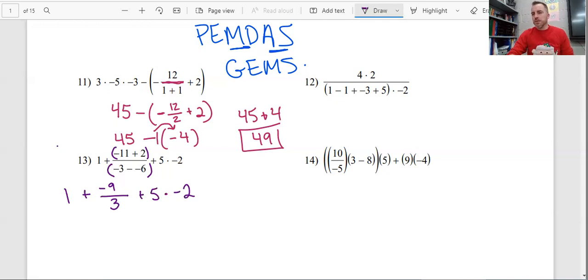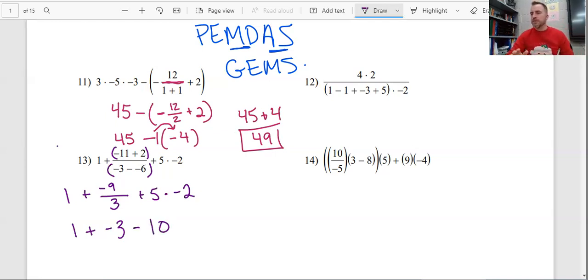I want to do this division right here and this multiplication right here before I carry out adding and subtracting. So I've got 1 plus, and then negative 9 over 3 is negative 3. And then I have a plus 5 times a negative 2, so that makes negative 10.